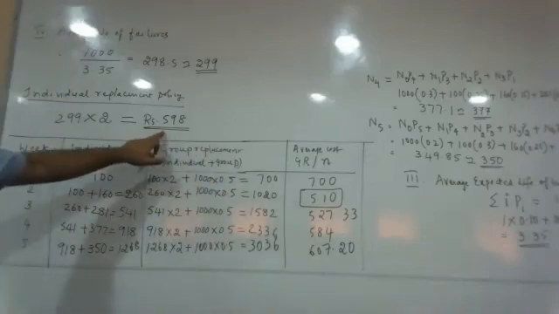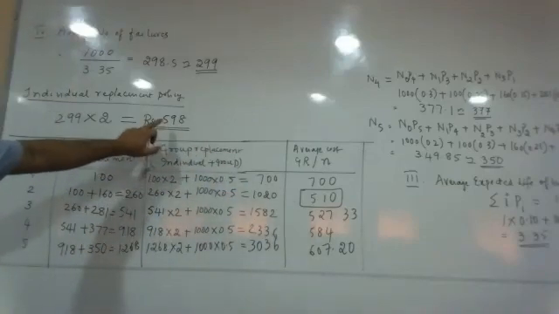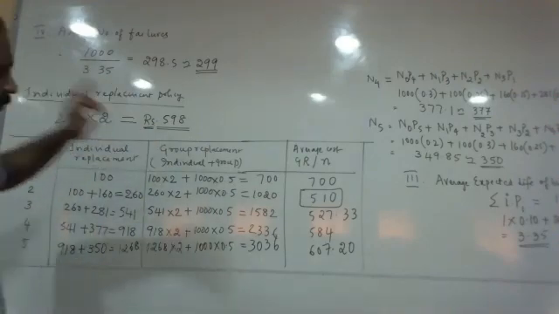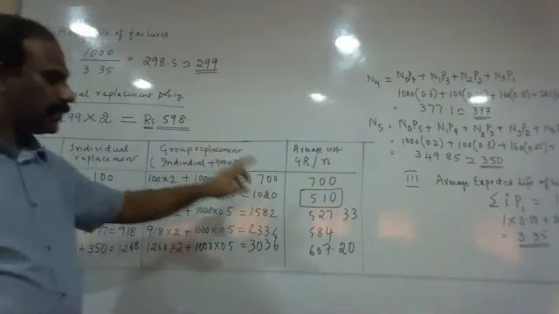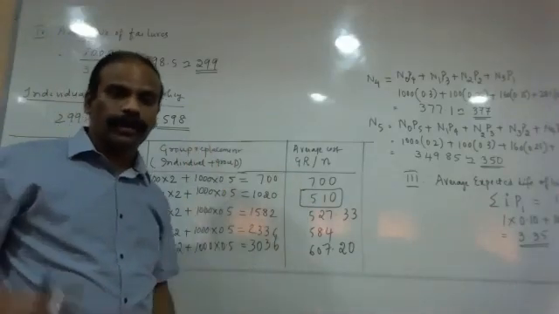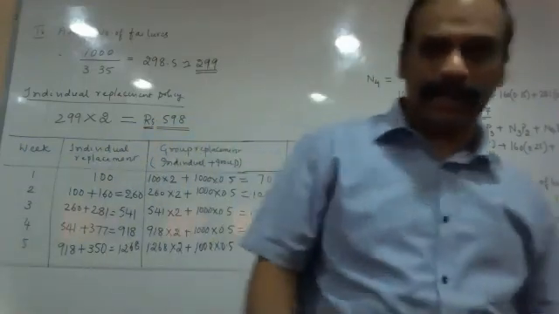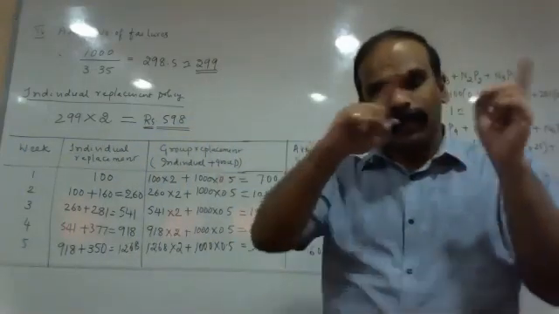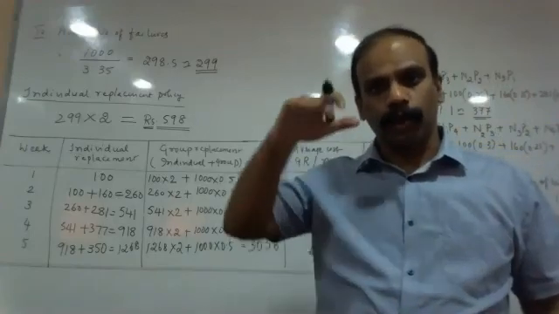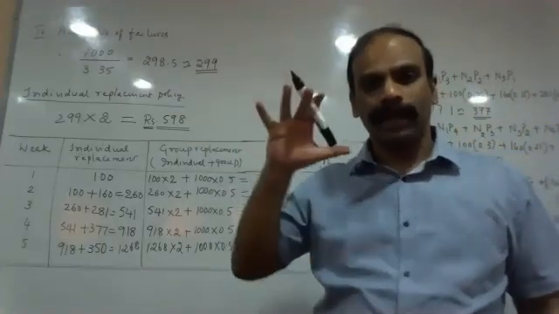If I go for individual replacement policy, my total cost will come to 598 rupees. If I go for group replacement policy, my cost will come to 510 rupees. The conclusion is clear: compare the individual and group replacement costs, and whichever policy has the lowest cost has to be applied.